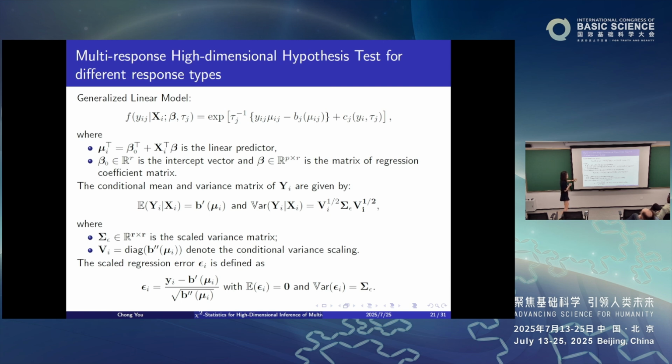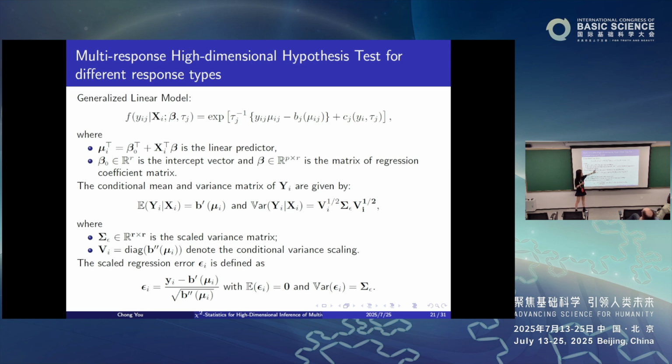We call this the scaled variance matrix, and bi is the conditional variance scaling. We define the Pearson regression error, or the scaled regression error epsilon I, as this term here, because we know the expectation is b dash mu I, and the variance is this one times tau.